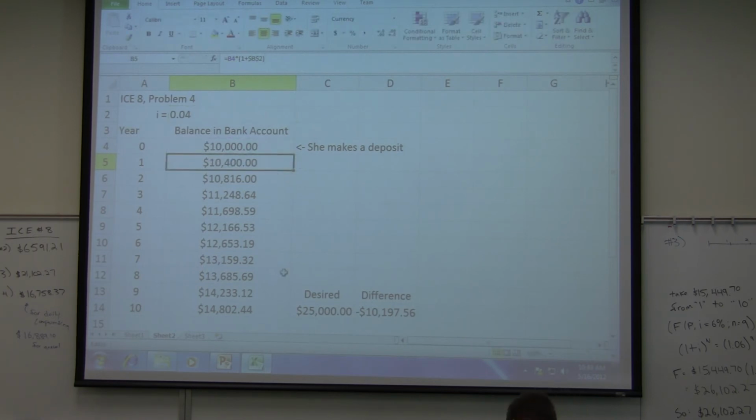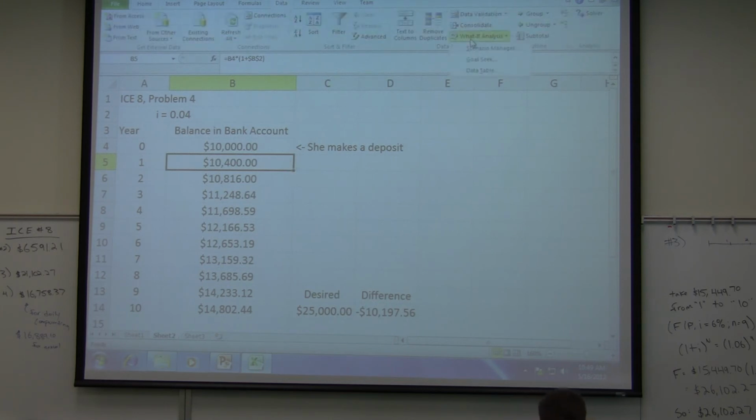And I can drag that down so that this is a perfect kind of problem to do a goal seek on. What I want is the difference to be 0 by changing the initial deposit amount. And that tells me how much she'd have to deposit if there's annual compounding.